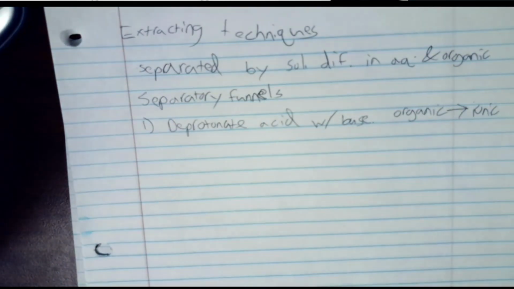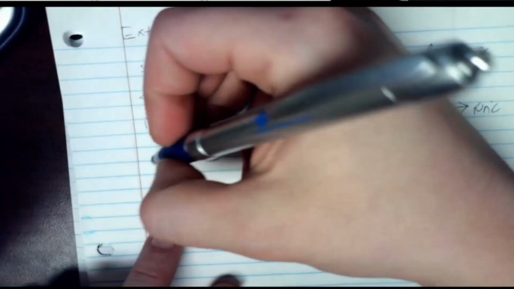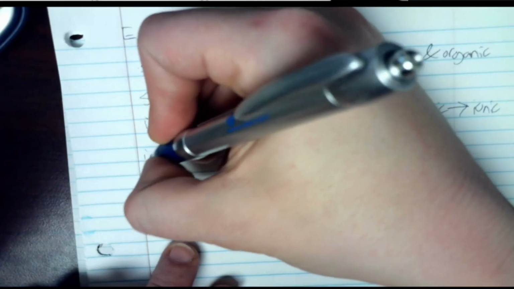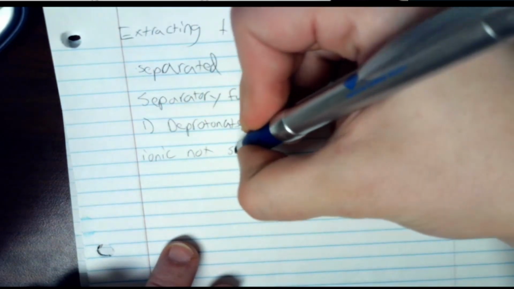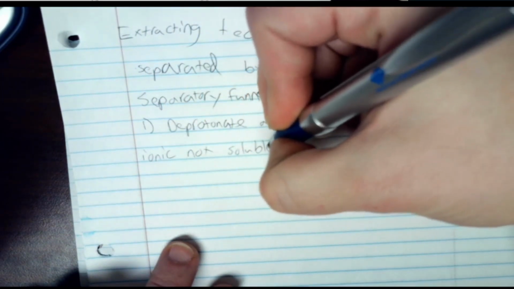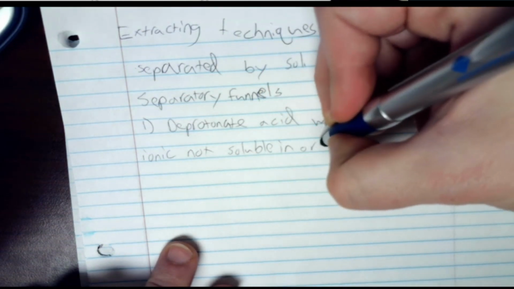Acetic acid may be mildly soluble in things like ethanol or in other organic solvents. But when you deprotonate it, the solubility decreases. It's not soluble in organic. Okay. So we have that.